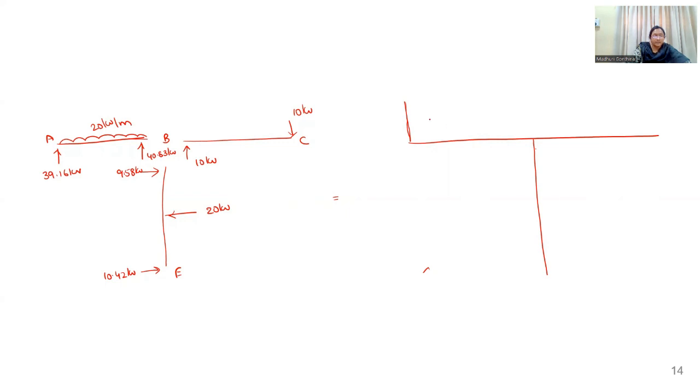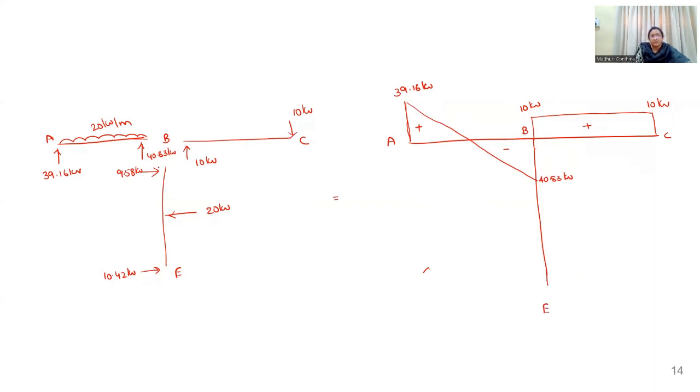So this is 39.16 kilonewton since it is positive shear and this is anti-clockwise negative shear. So this is 40.83 kilonewton. And similarly here also it is of clockwise shear which is of 10. Therefore, here entire thing is positive 10 kilonewton and 10 kilonewton. So this is A, B, C and this is E.